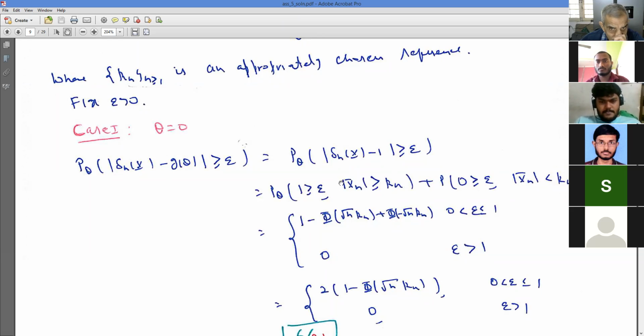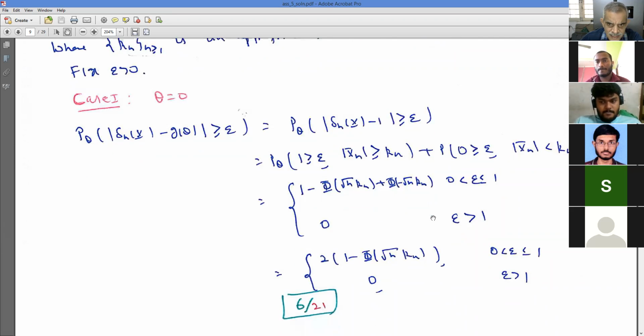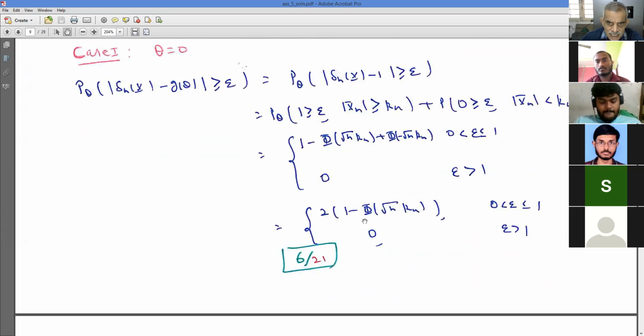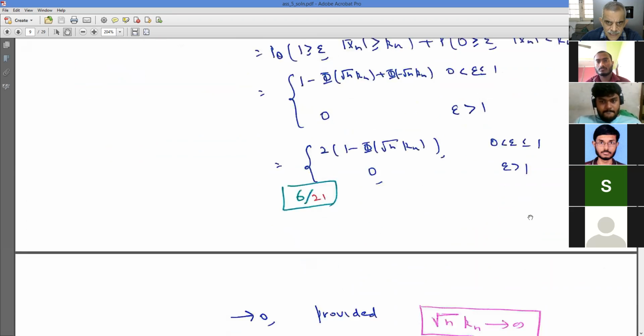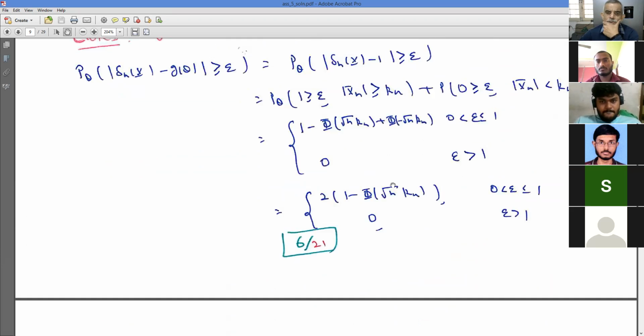So the only thing you will be left with is the probability that mod of x bar is greater than or equal to kn, which is the same as 1 minus the probability that x bar lies between minus kn and kn. Because theta is 0, mean is 0, so it is phi of root n kn minus phi of minus root n kn, which can be written as 2 times 1 minus phi of root n kn, if epsilon is between 0 and 1. So I need to show that this goes to 0, right?